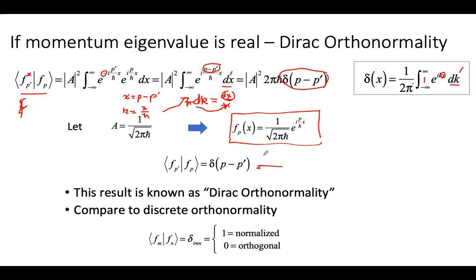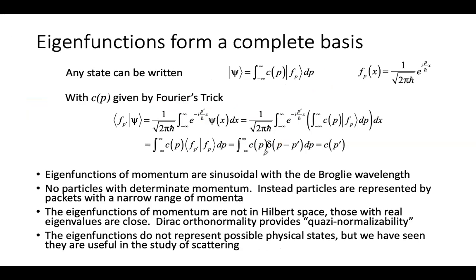So that's Dirac orthonormality. That's the best we can do for wave functions that don't have discrete eigenvalues, that have continuous eigenvalues. I do want to point out, though, that just like the discrete case, once you've got these wave functions, this f of p that I just figured out a second ago, you can create any other state.